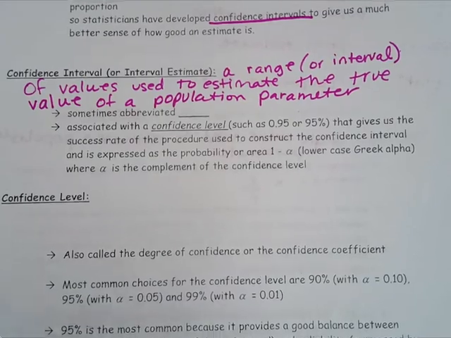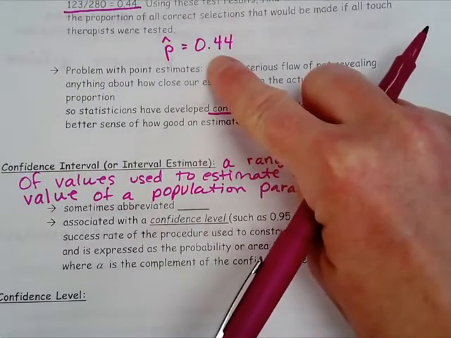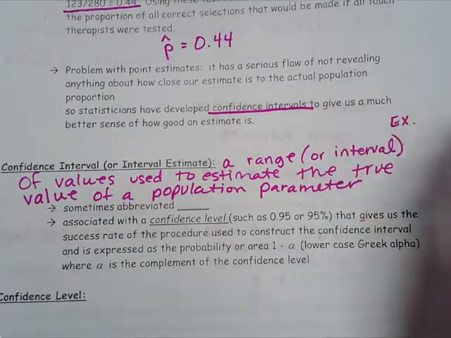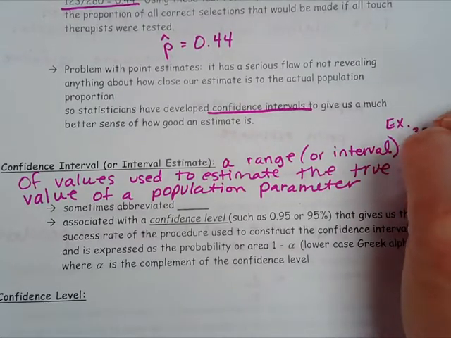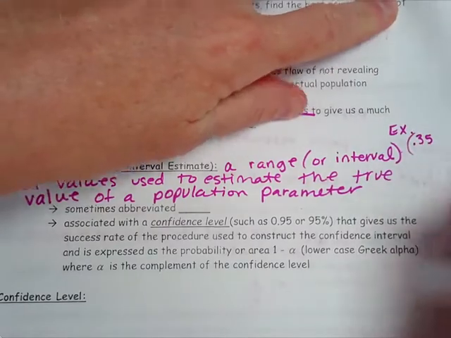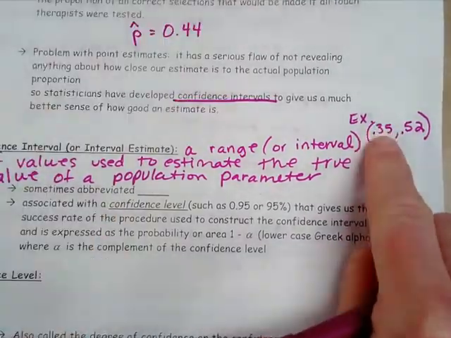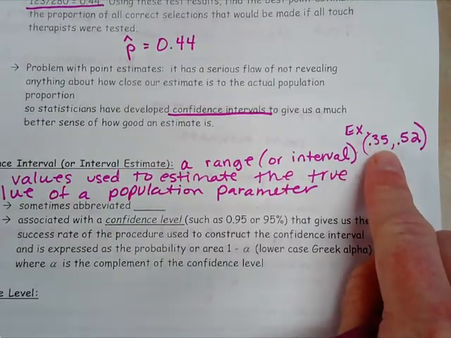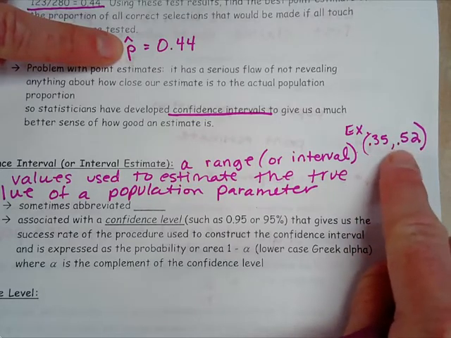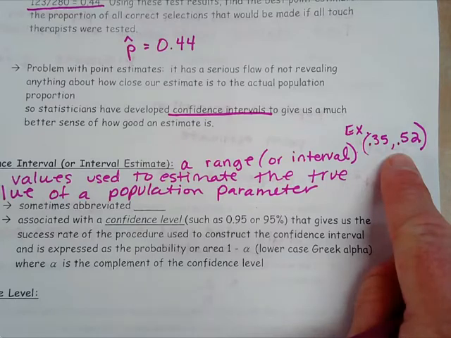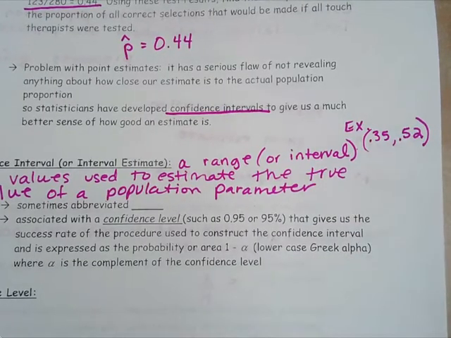So an interval will be a range of values. So instead of saying 0.44, an example would be, let's say 0.35 to, let's say 0.52 or something like that. That would be an example where your point estimate is in between. That's just a random example I came up with. So it's between those two values.